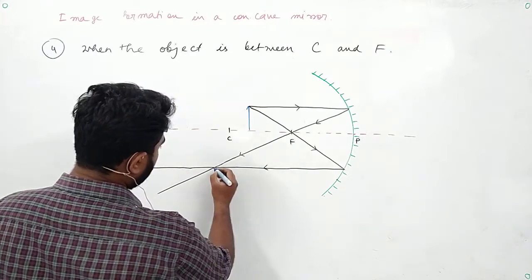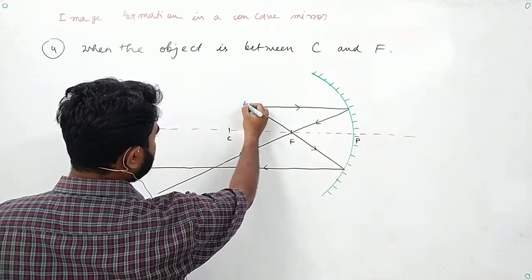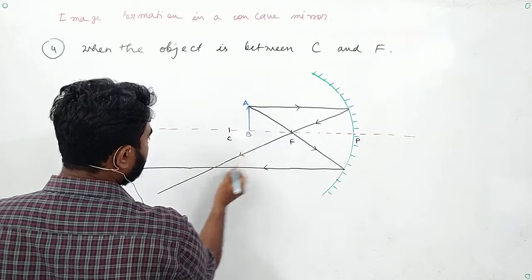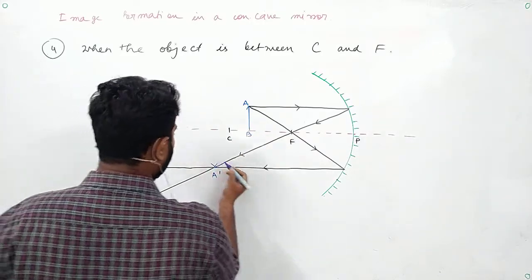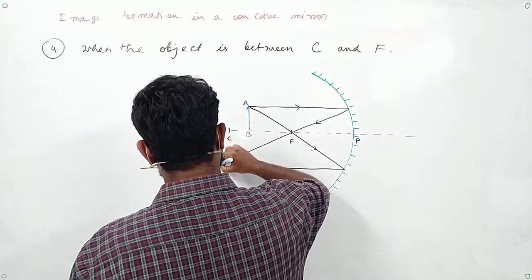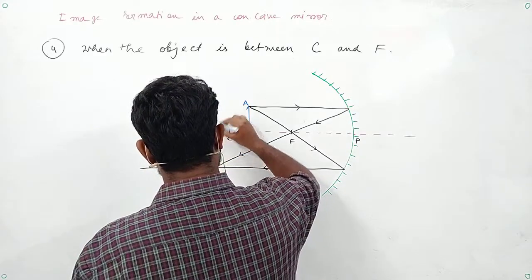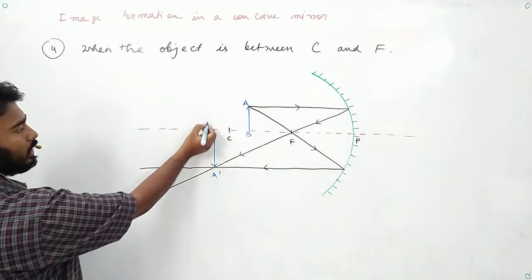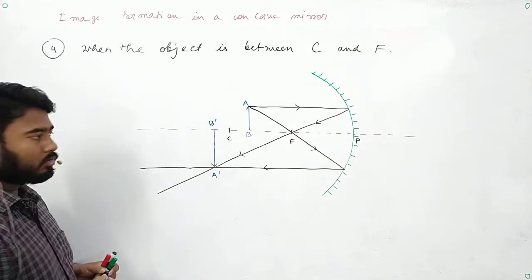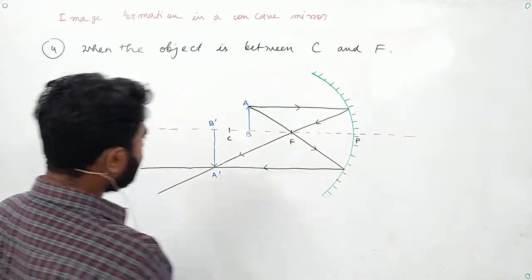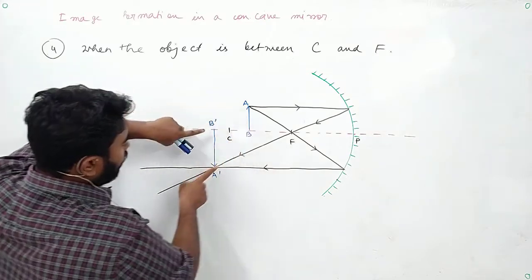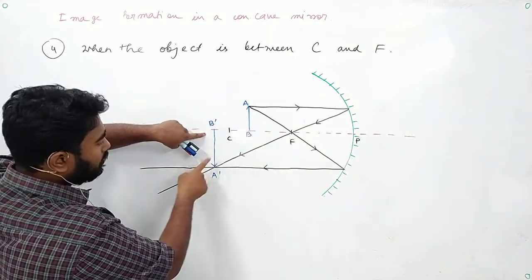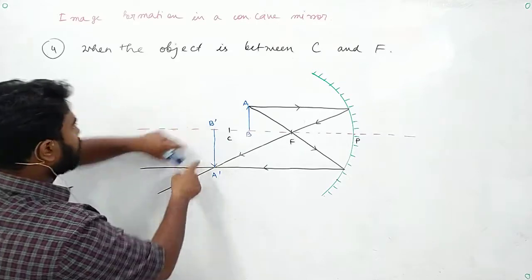So if this is A, this one is B, this position will be A dash. Now the image will be A dash, B dash. So what do we find here? That the object is AB and the image is A dash B dash. Sorry, I said object. The image is A dash B dash.